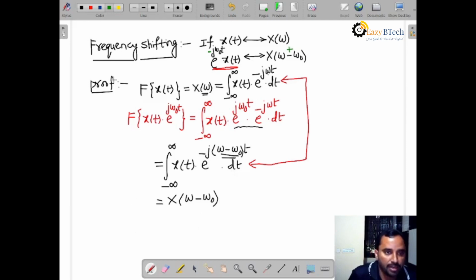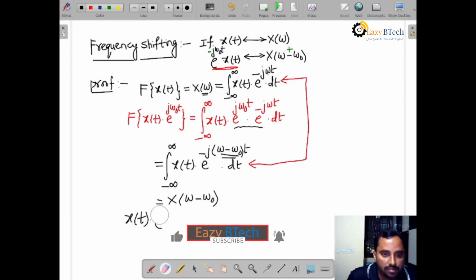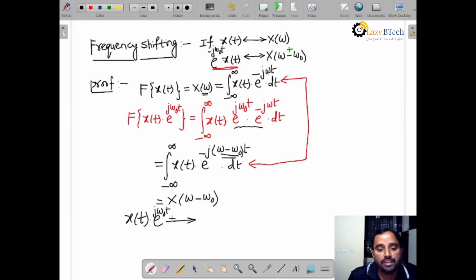So finally, x of t into e to the power plus j omega naught t has Fourier transform x of omega minus omega naught.